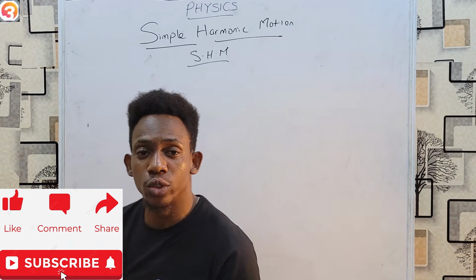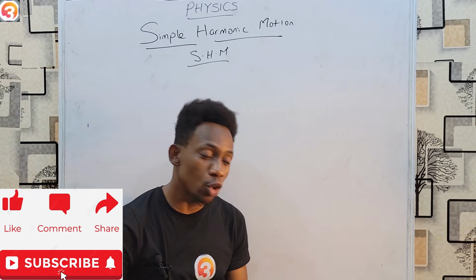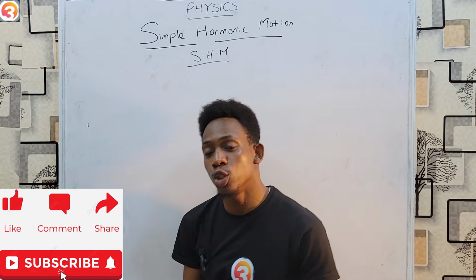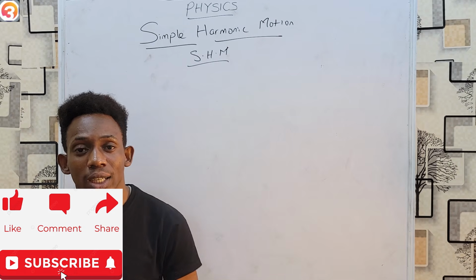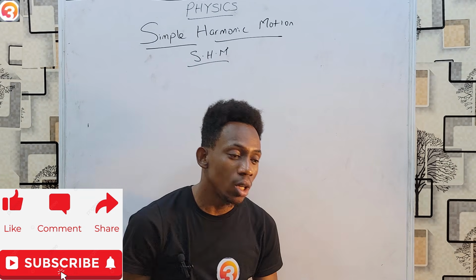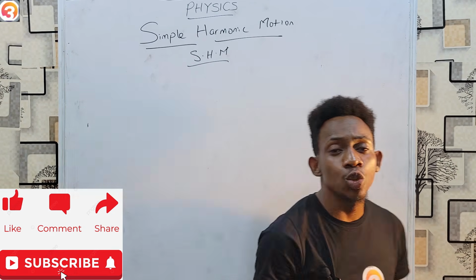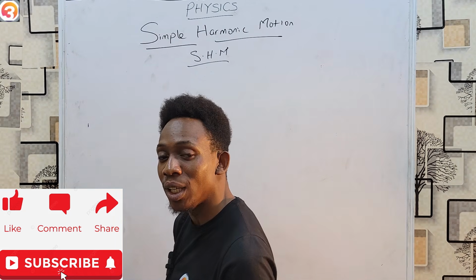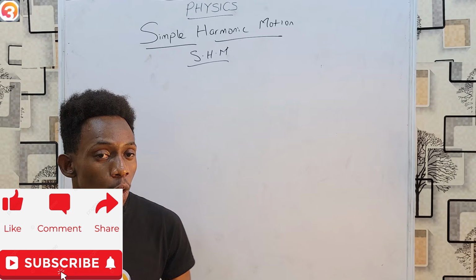In simple harmonic motion, this is simply the motion of an object, or you may call it the periodic to and fro repeating motion of an object, such that its acceleration is always directed towards a fixed point and is proportional to the displacement from that point.